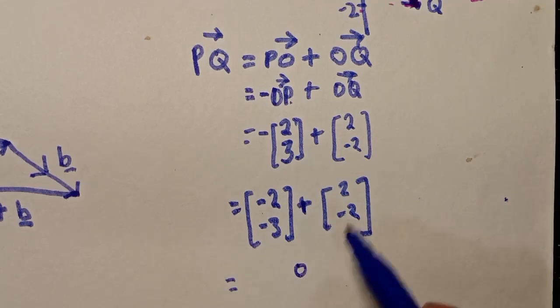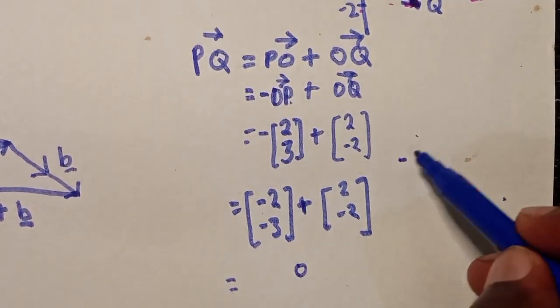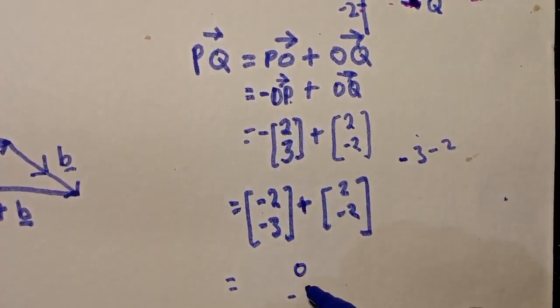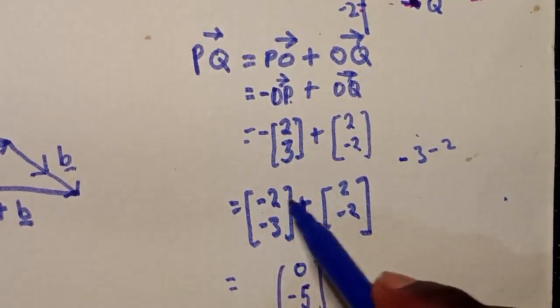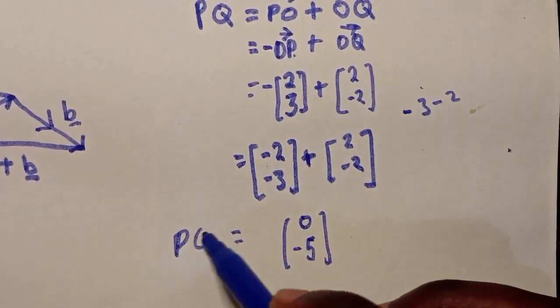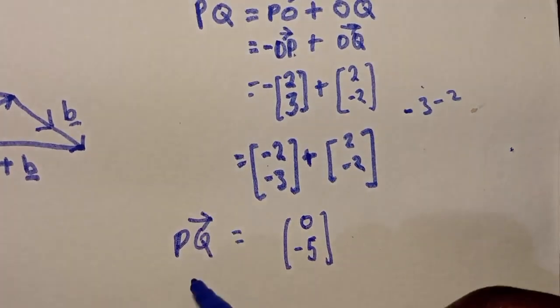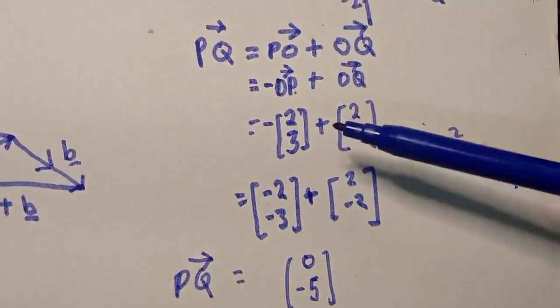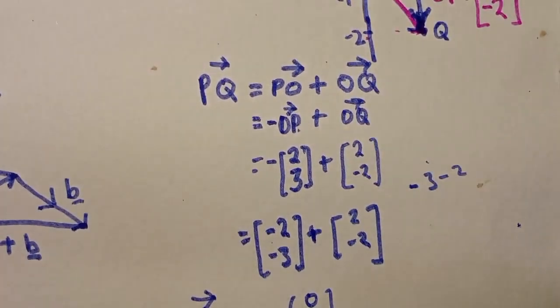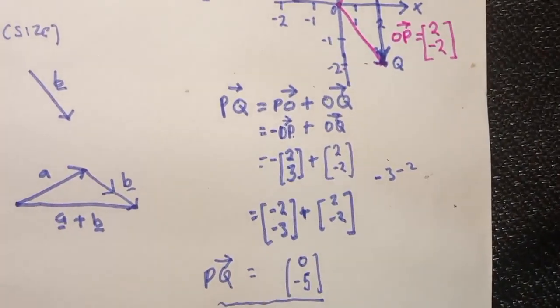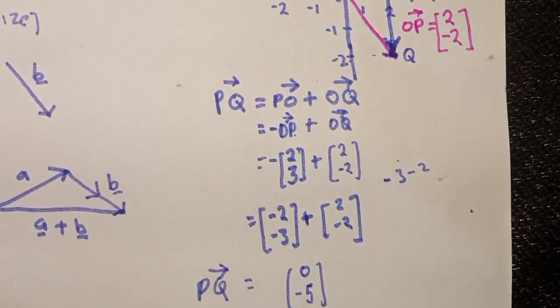Negative 3 plus negative 2, it's more like you have negative 3, negative 2, so that gives us negative 5. This one and this one automatically will give us 0. So this is vector PQ in matrix form. You would do the same thing if it was subtraction: you would just put a subtraction sign there, and then you're good to go. So this is what we were just trying to look at.